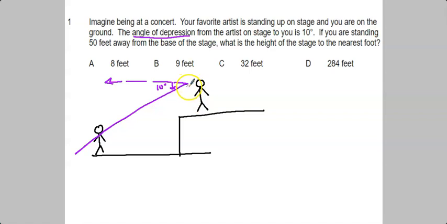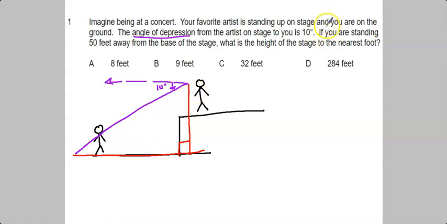So this person standing here, we're starting to see this triangle form. This is a right triangle, the ground, and again, when they look down, that is this diagonal line. So notice that the 10 degrees is on the outside of this triangle right now.